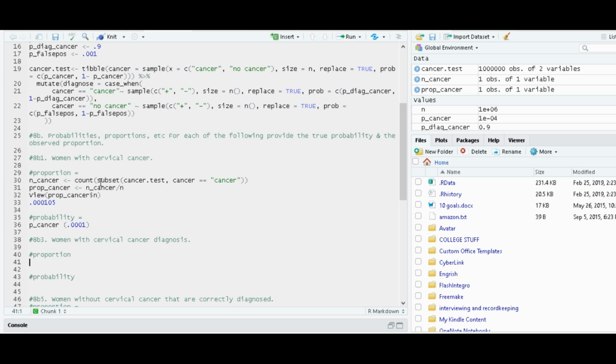Next, the proportion of women with a cervical cancer diagnosis. This is going to be very similar to this. You're going to just want to subset the information.